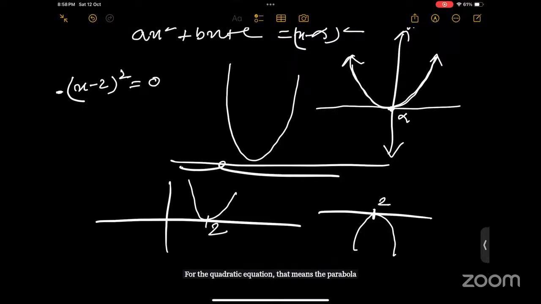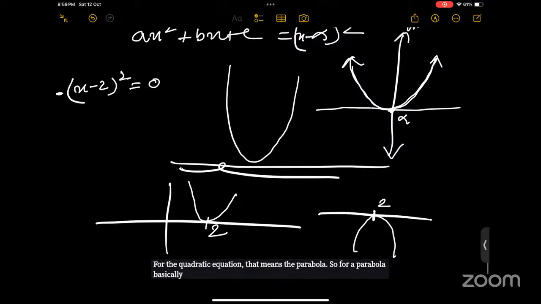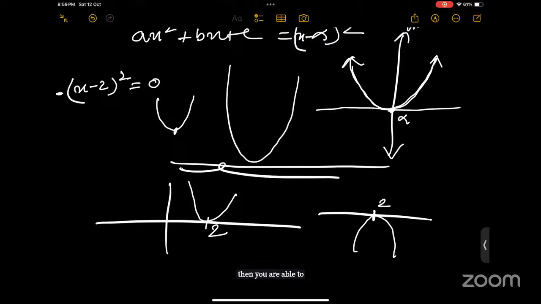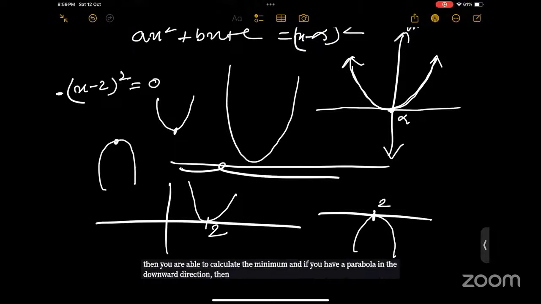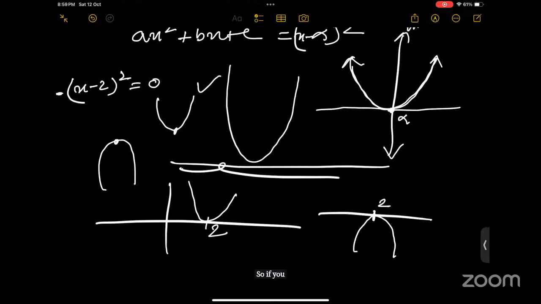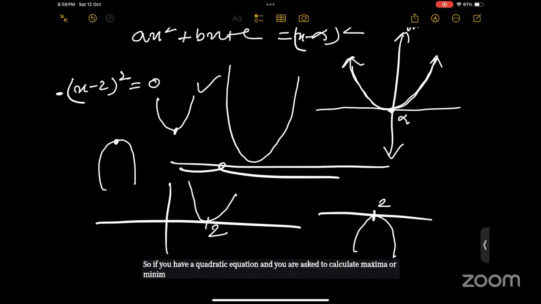For a parabola, if you have a parabola in the upward direction, then you are able to calculate the minima. And if you have a parabola in the downward direction, then you are able to calculate the maxima. And the minima for this case is nothing but the vertex. Also, the maxima is nothing but the vertex. So if you have a quadratic equation and you are asked to calculate the maxima or minima for the parabola, then you just have to calculate the vertex.